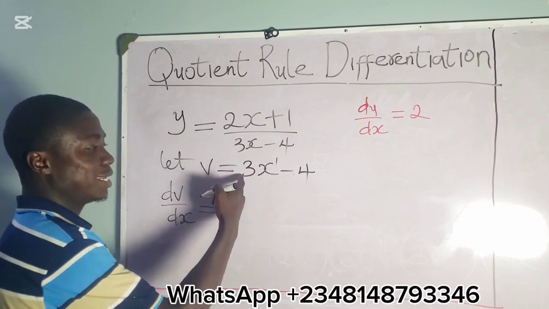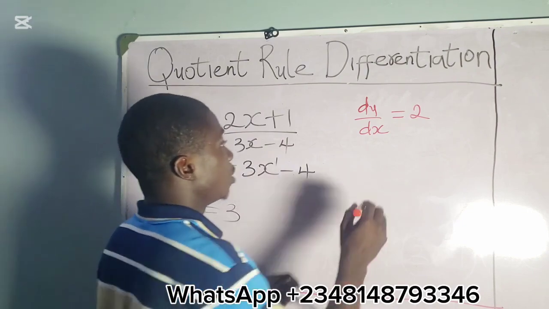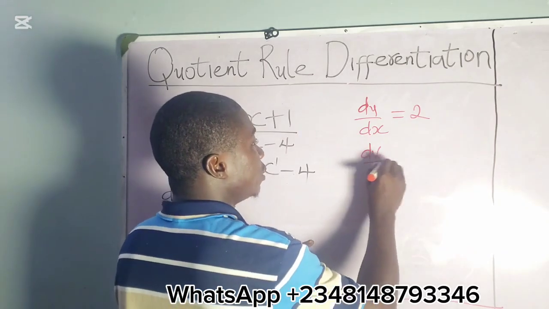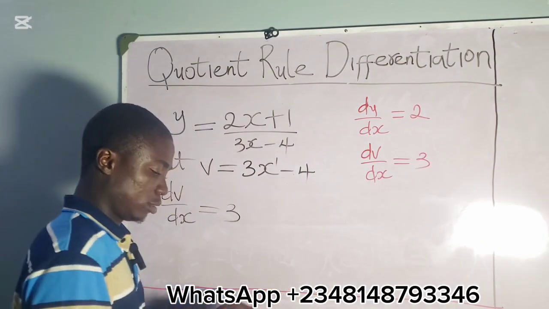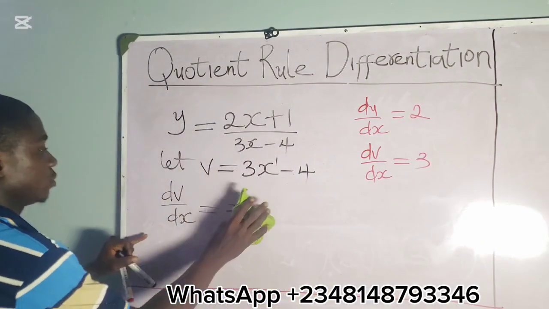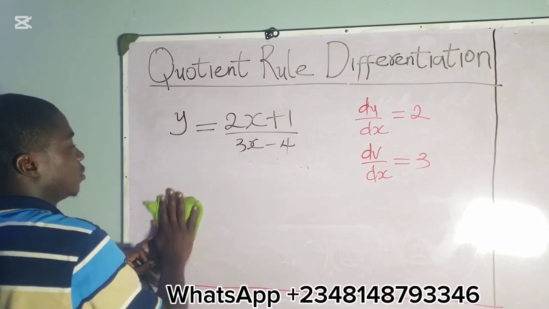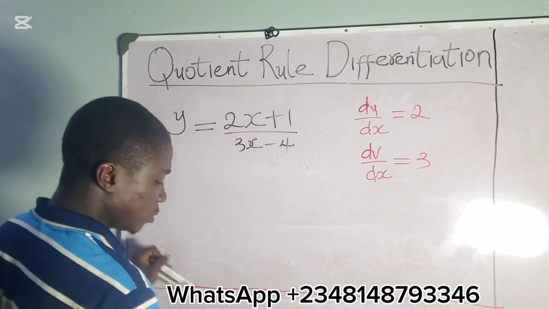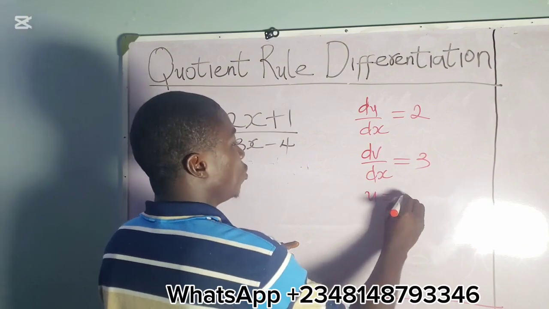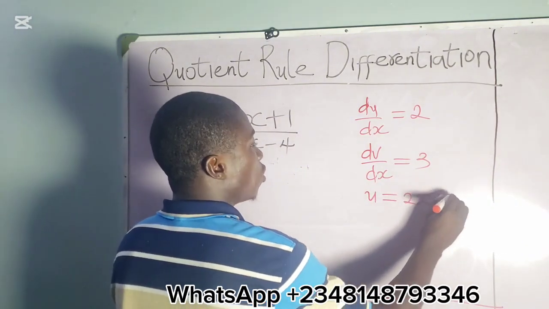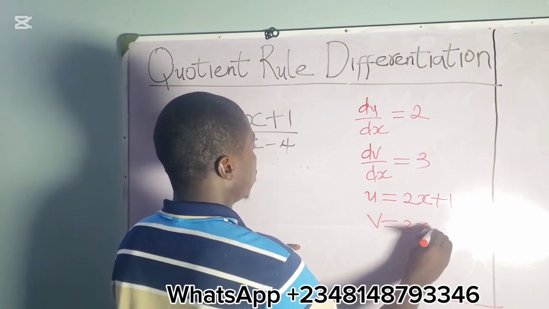So 1 multiplies 3 is equal to 3. So we have here dv/dx is equal to 3. Also, take note of this: u is equal to 2x + 1, and v is equal to 3x - 4.